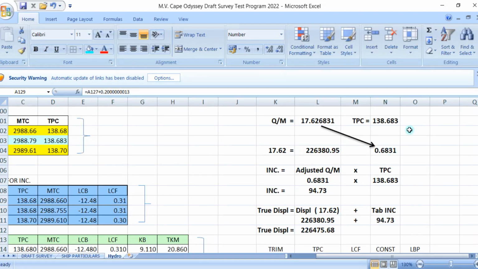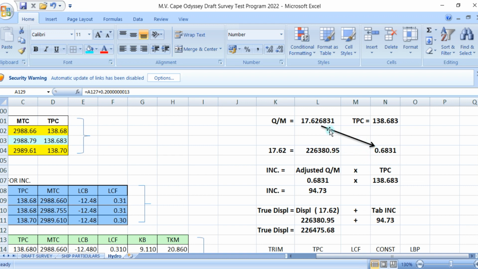Which is this one. What we do is we just retain 2 decimals from 17. So we maintain 17.62 and take out 6831, which is this one.